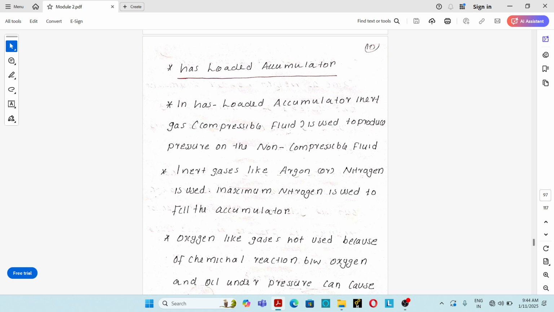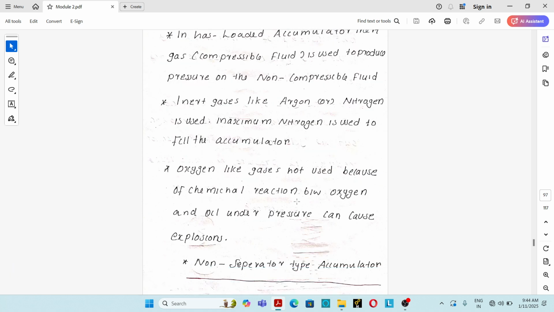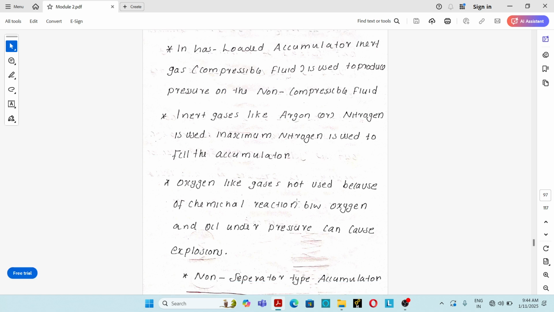Mostly nitrogen is used to fill the accumulators. Oxygen is not used because oxygen reacting with oil under pressure can produce an explosion. So in a gas loaded accumulator, the energy is stored by compressing the inert gas like argon, helium, etc.